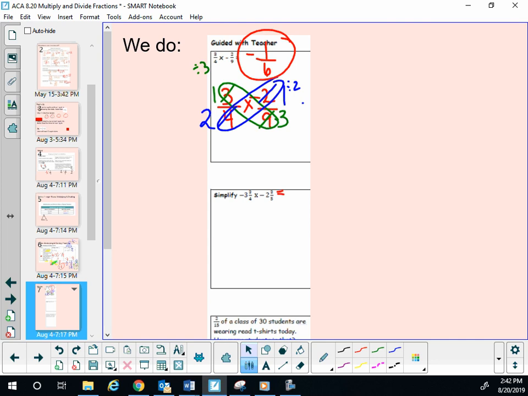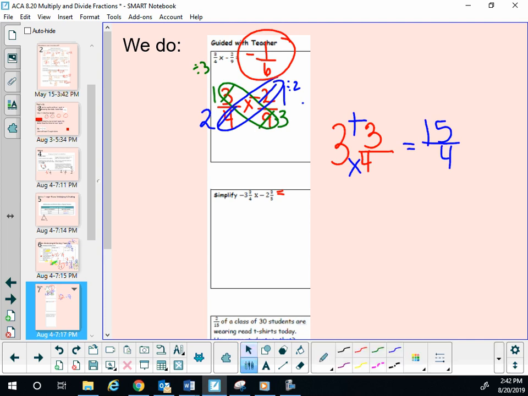So some of you all learned this from last year. 3 3/4. If you need a refresher and you need to make this improper, 4 times 3 is 12 plus 3. So this is 15 over 4.